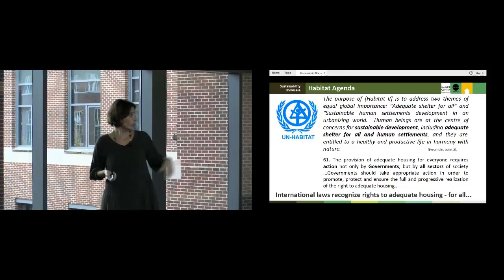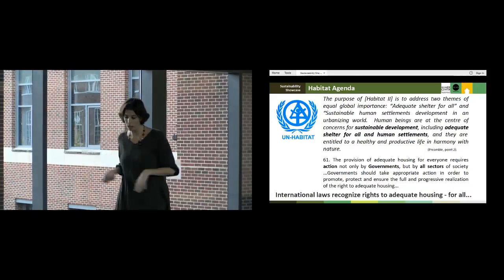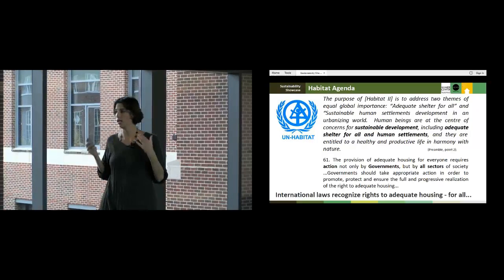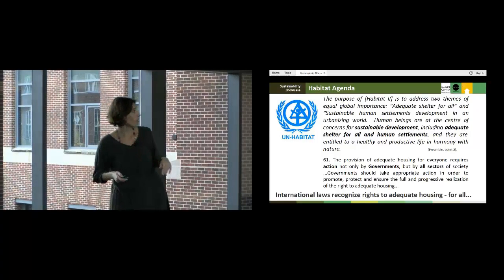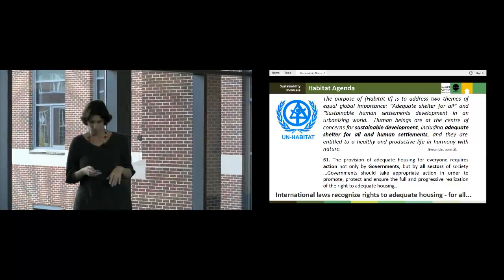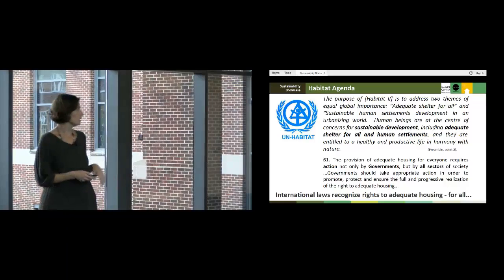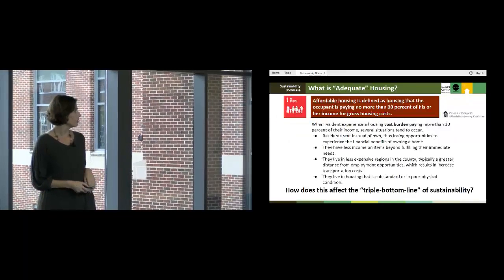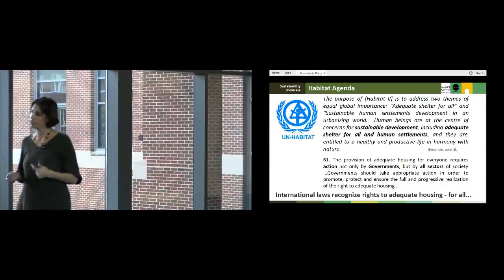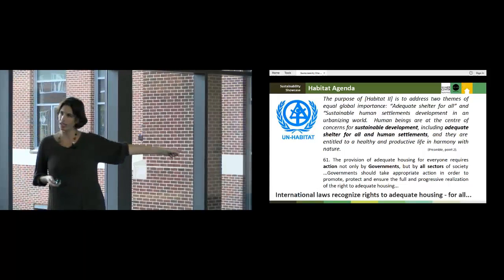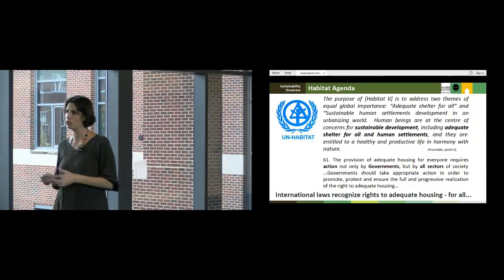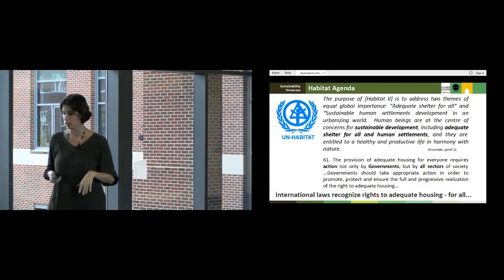And so the habitat agenda, there have been 3 meetings over the years that have been specifically focused on habitat. And what does that mean? Relating shelter to sustainable development. And in the second meeting in 1996, that really focused on the actions that we have to take, the role that government has, but also the limitations that government plays in that story and what the actions that we all need to take.